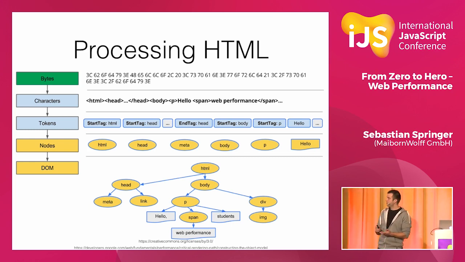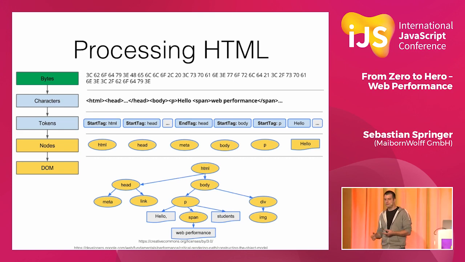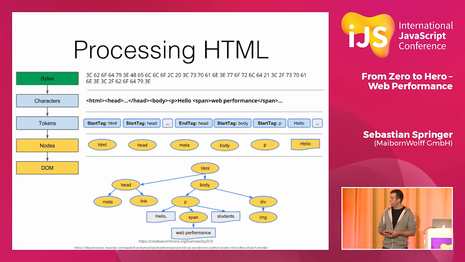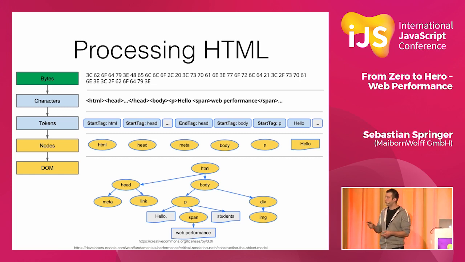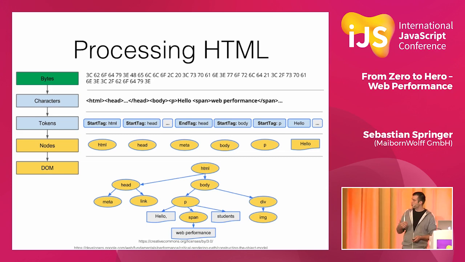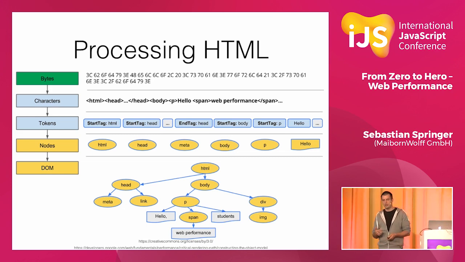Out of these tokens, nodes are created. Nodes are the logical representation of the single nodes of your web application. And out of these nodes, a tree is formed. And that's simply because tree structures can be processed more efficiently than some bunch of nodes. So at the end, we have a structure tree of our web application named DOM, the Document Object Model.